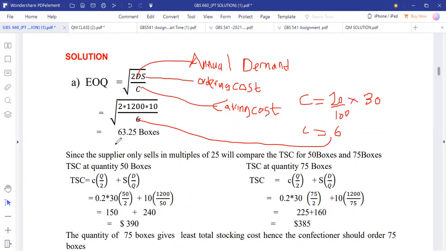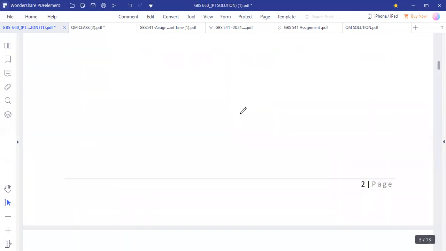So we have gotten our EOQ of 63.25. Right. So what we are trying to say here is that we now need to identify one thing that has been given in the question.